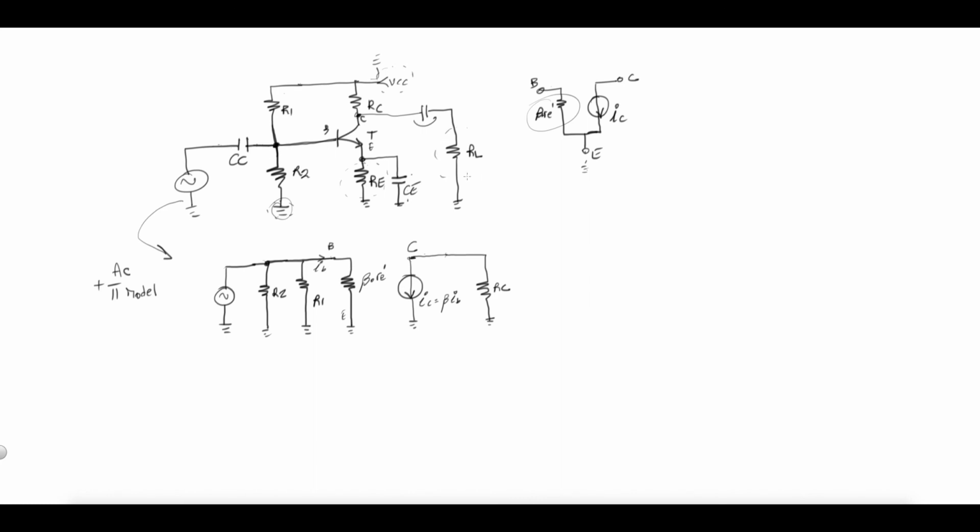Our next stage happens to be a load. So technically speaking, in AC, this is a straight line, which means a short. So from the collector, you're going to go to this ground through RL, so you're going to have RL in parallel. This would be the equivalent circuit in AC for this common emitter.